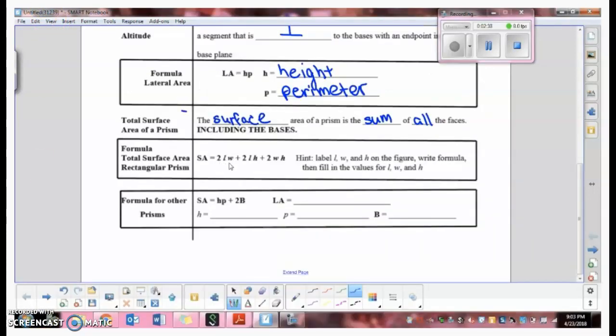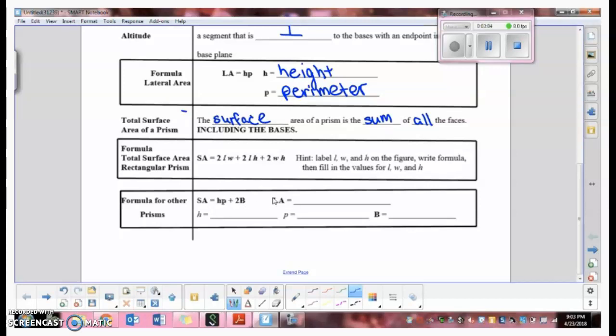So what that comes down to is when you're looking at a rectangular prism, which is the most common type that we see in our everyday lives, because things like cardboard boxes are just rectangular prisms, that area is going to be 2 times the length times the width, plus 2 length times height, plus 2 width times the height.